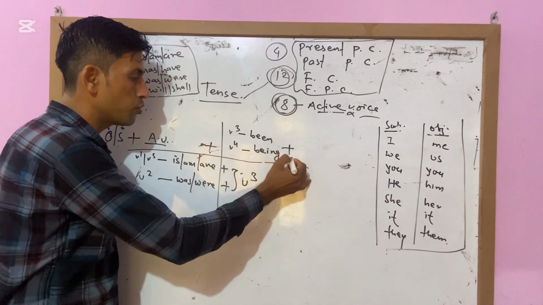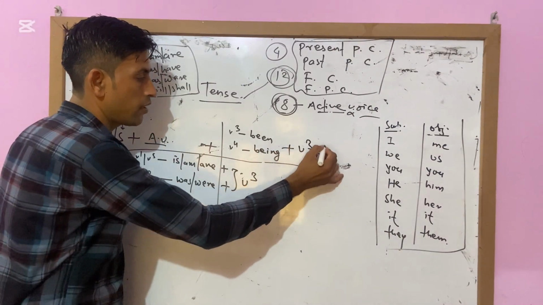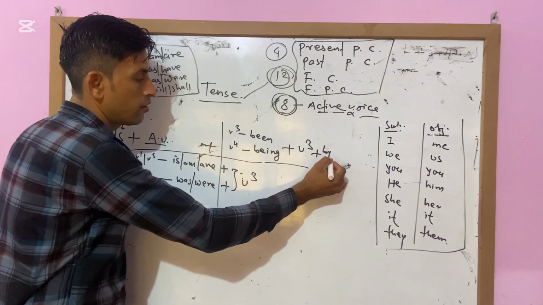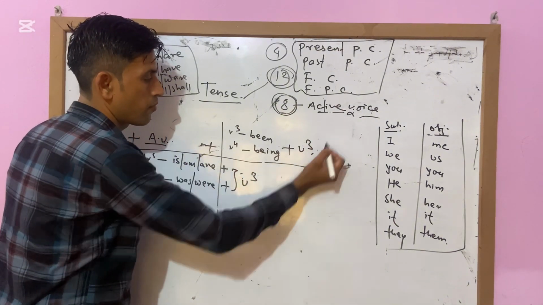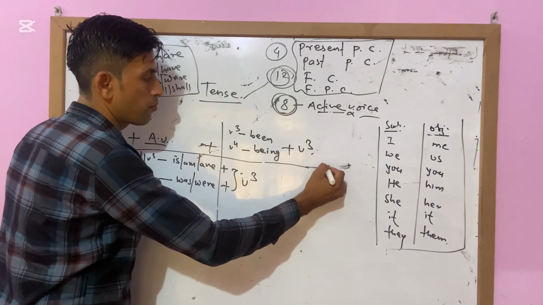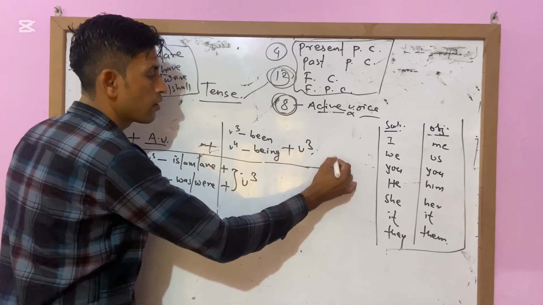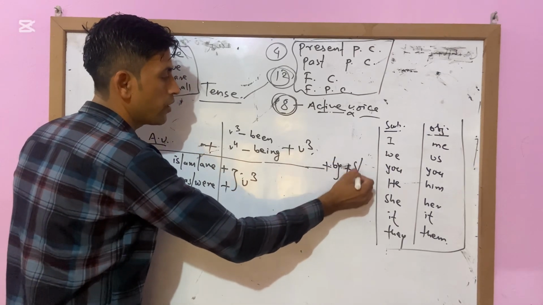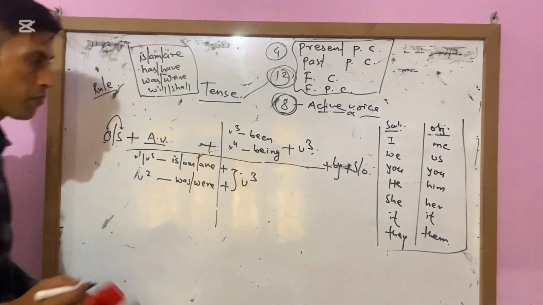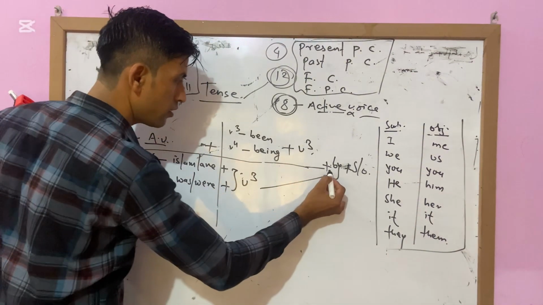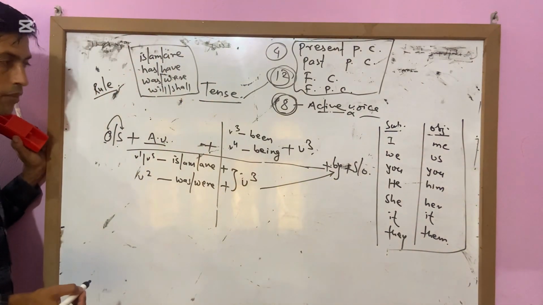Then after that we use verb 3 again, then by plus subject. By plus the subject changed into the object.